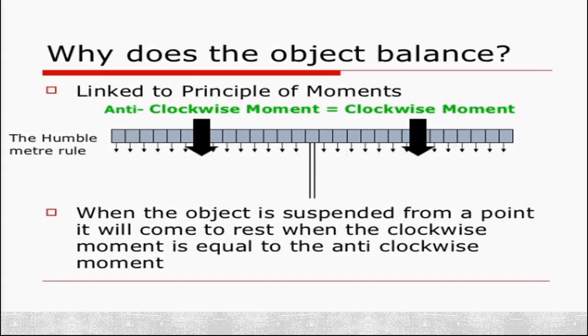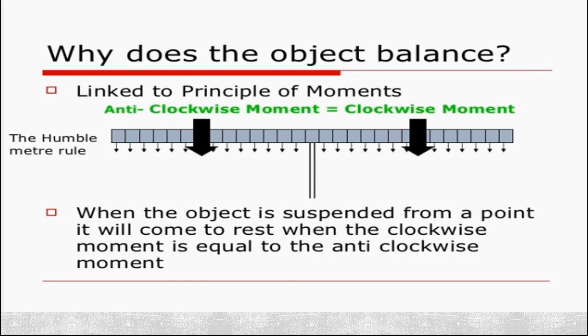Now we can also find the center of gravity of some symmetrical objects. Symmetrical objects are those objects that have a specific shape, like a rod, a triangle, a circle, a rectangle, a cylinder. These all are symmetrical objects. So for example, the center of gravity of this rod lies at a point where it is balanced.